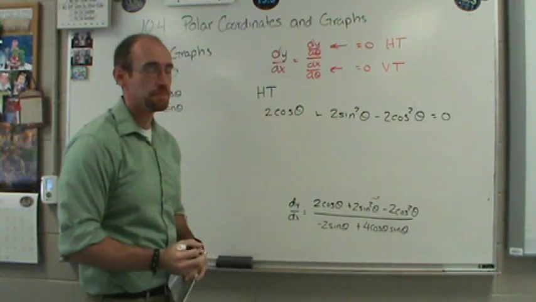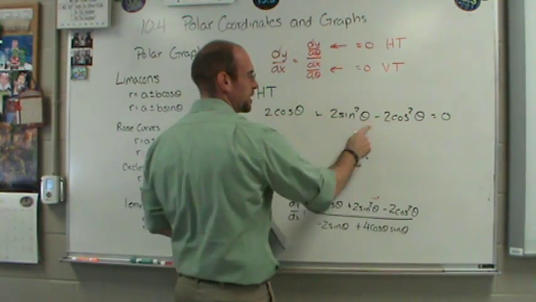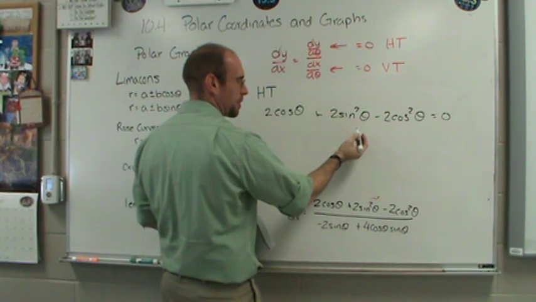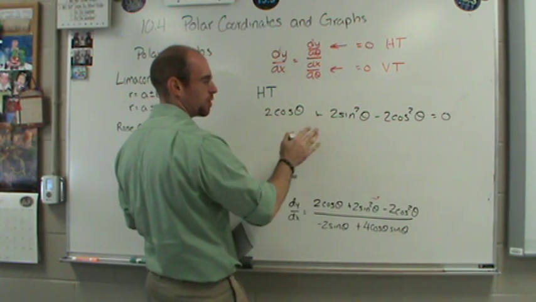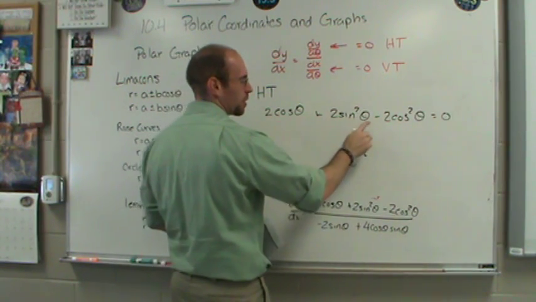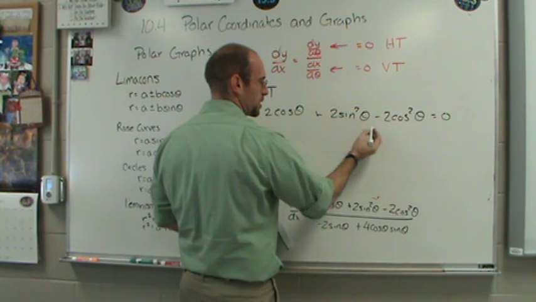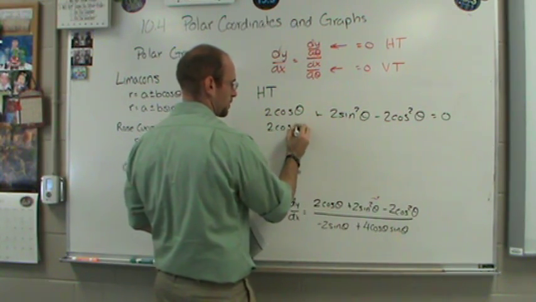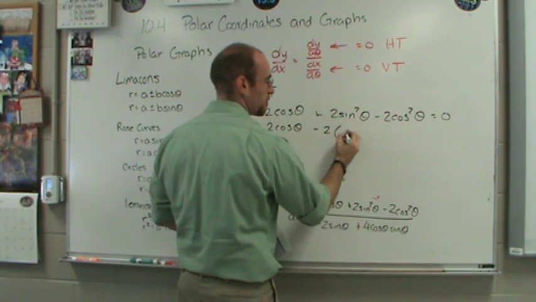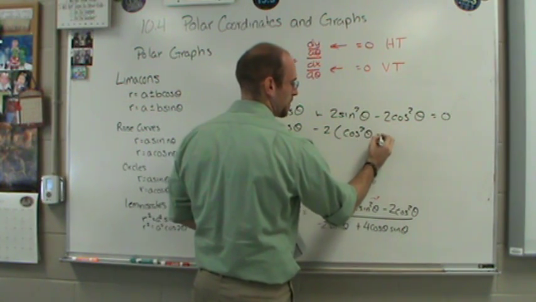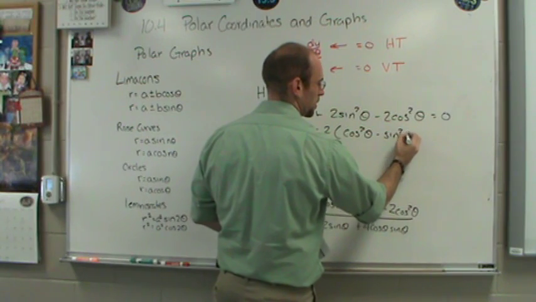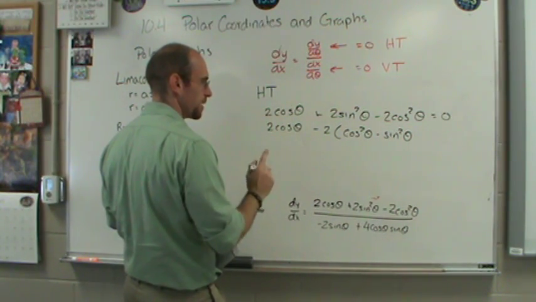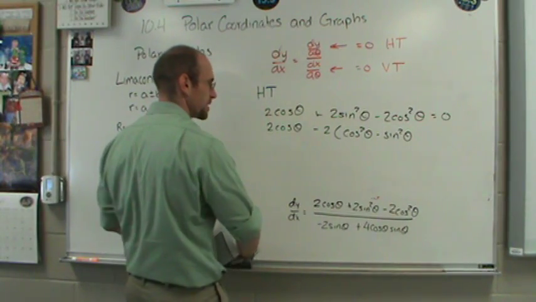Set it equal to 0. Now if I look at this, I've got a couple options. I can change it all into cosine, or if I switch this around and take out a negative 2, which would give me cosine squared theta minus sine squared theta. Okay, scratch that. That's not going to help in this case.